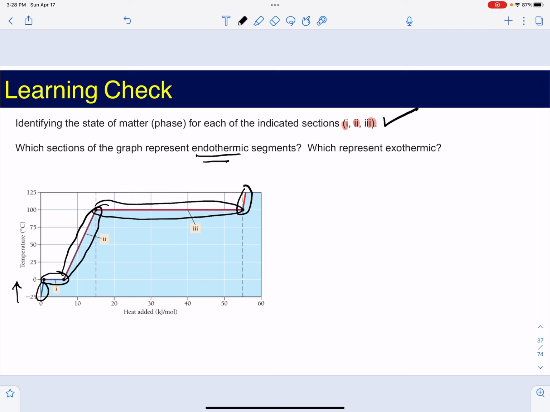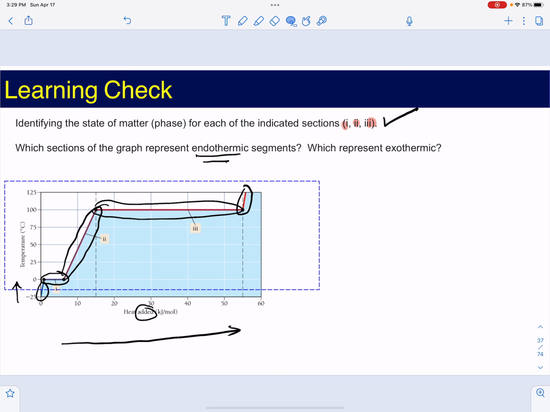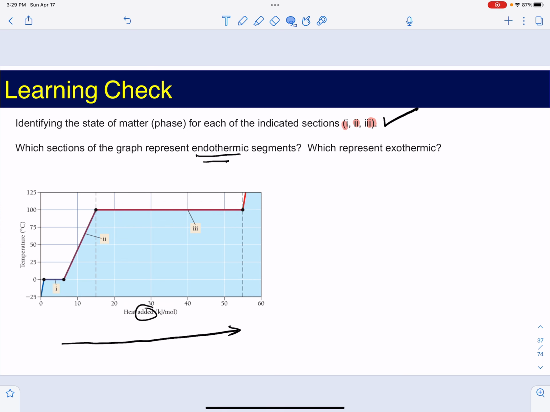So every time we are adding heat, as we move to the right, the temperature is increasing. So based on that assessment, this whole process going in this direction is an endothermic process because it requires energy.